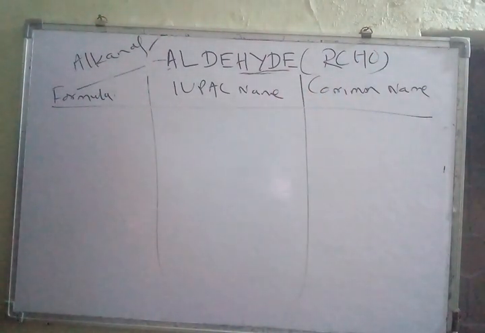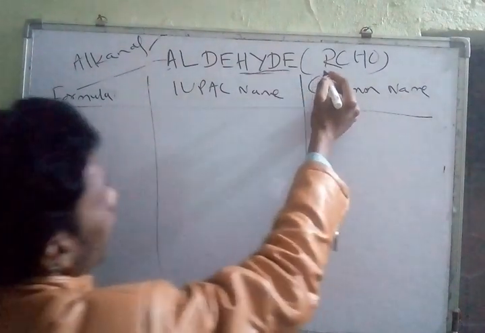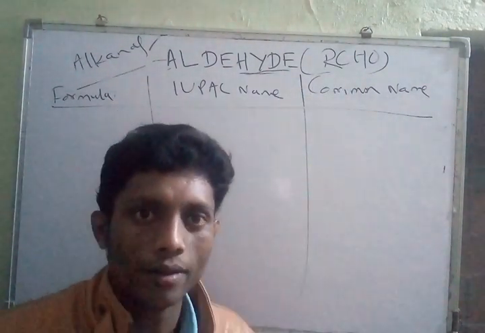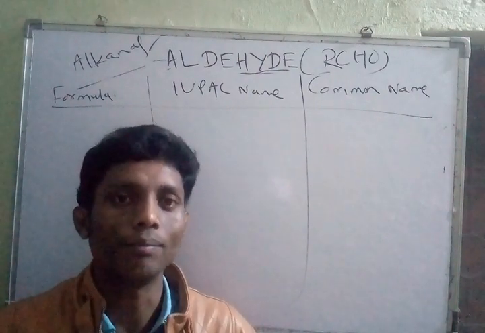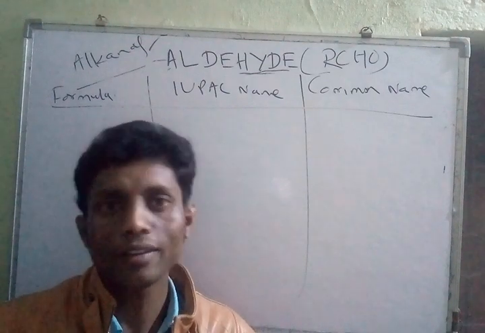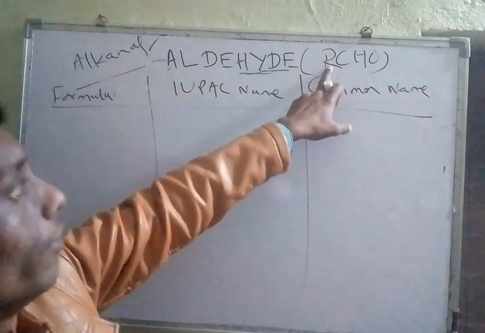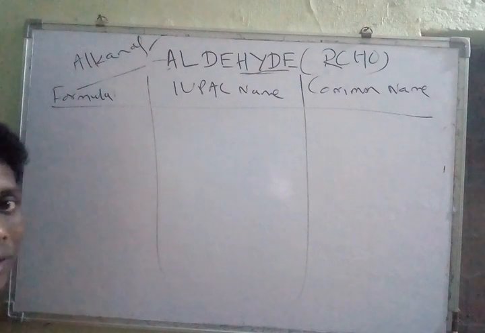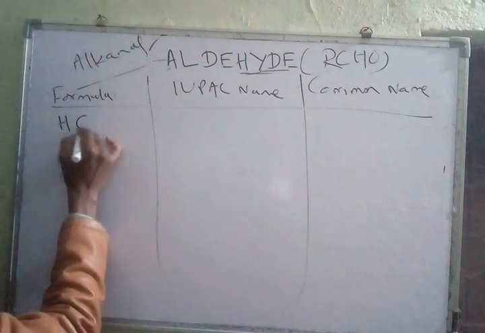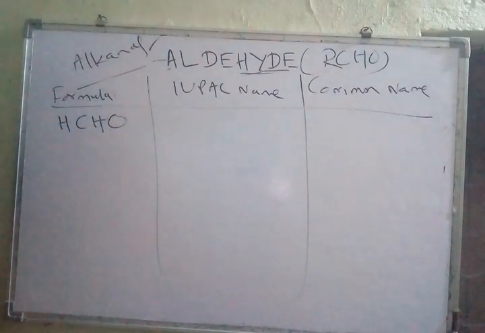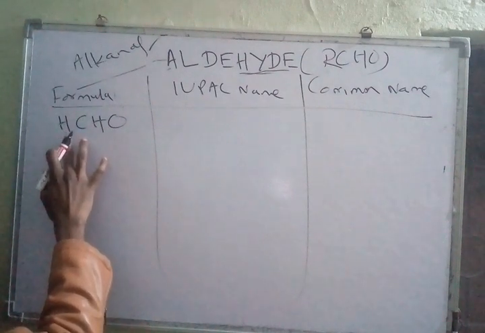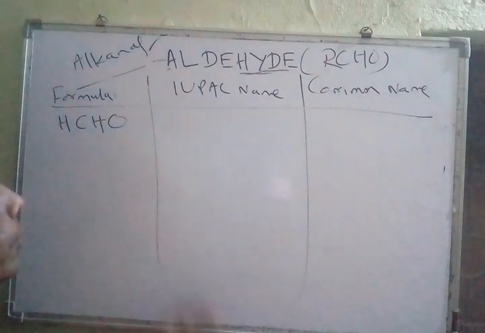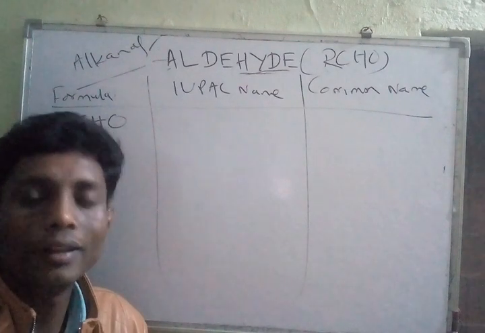If we put no alkyl group in place of R, then the place of R is taken by only a hydrogen, that is HCHO. If we are not going to put any alkyl group, we have to put only the hydrogen atom. Clear? So it is HCHO, and this is the first compound in the aldehyde group.